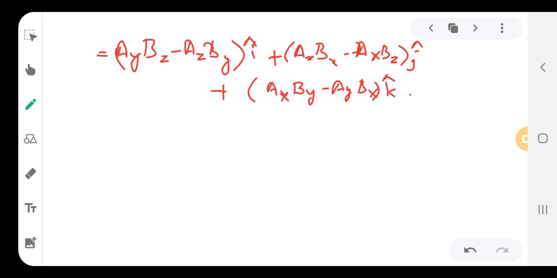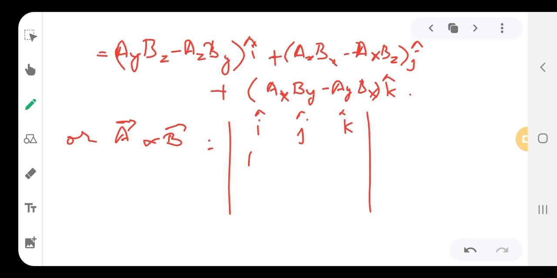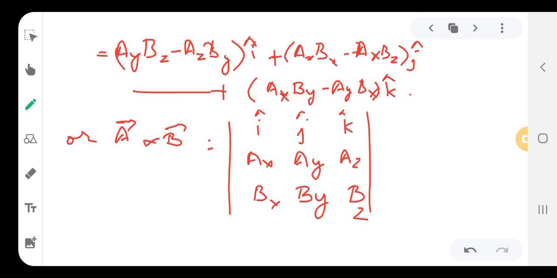So here in determinant form we can write A cross B vector is equal to the determinant with rows I j k cap, ax ay az, similarly bx by bz, and if we multiply again you get this result only.